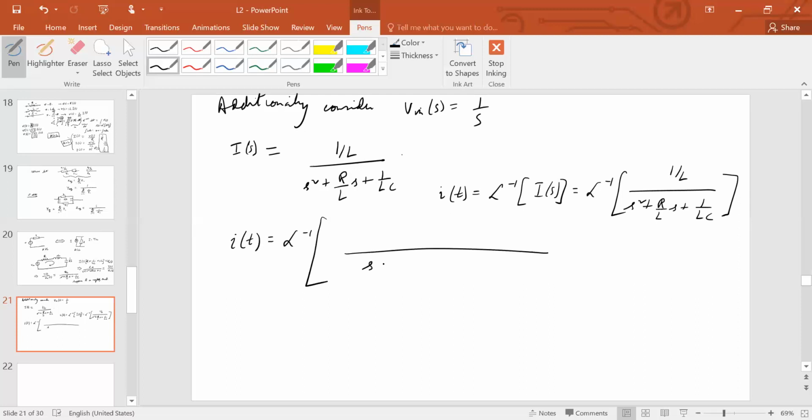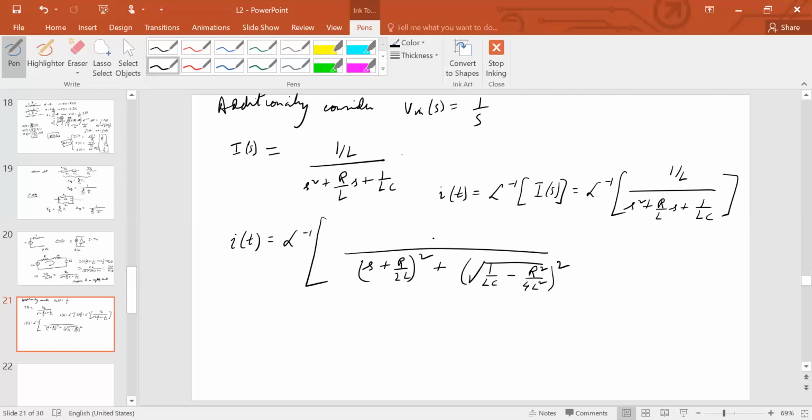We complete squares: S plus R by 2L, plus the root of 1 by LC minus R squared by 4L squared. Now you see that it can be written in this form with complex roots because R is small. That is why I wanted to make this assumption initially.